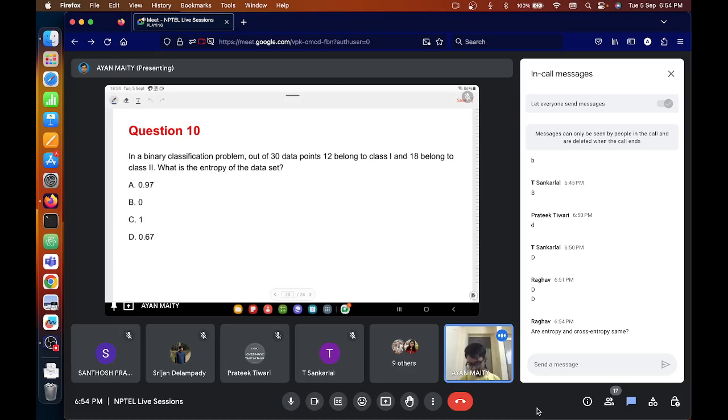Now question 10. In a binary classification problem, in decision tree, can you say that decision trees perform better on the classification side?